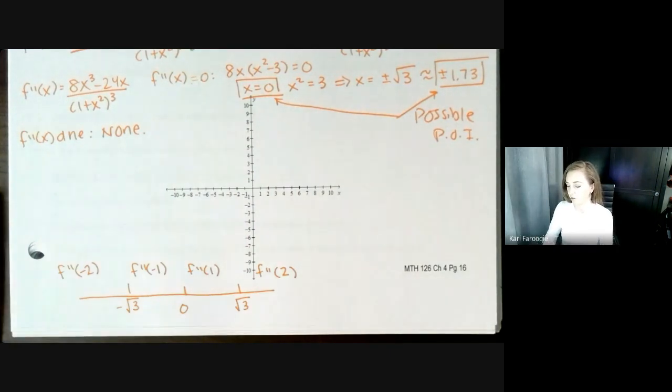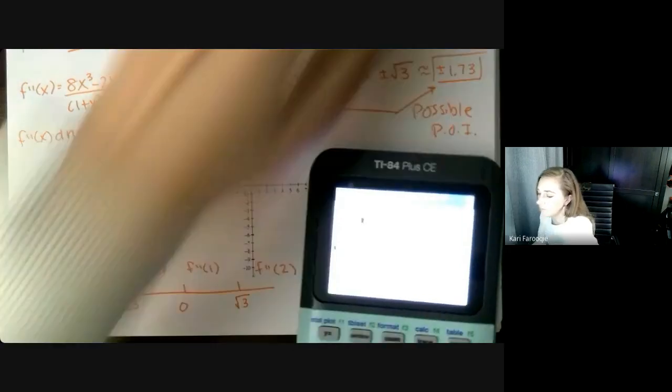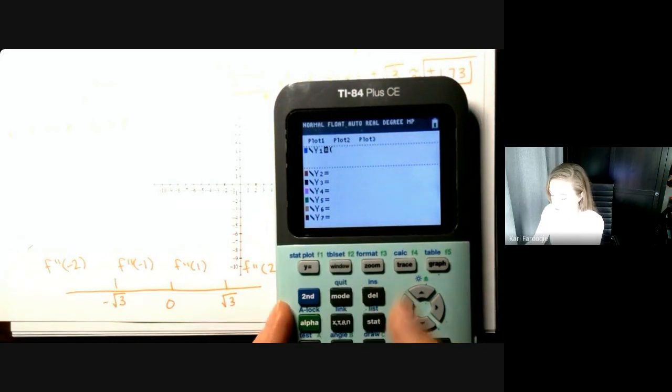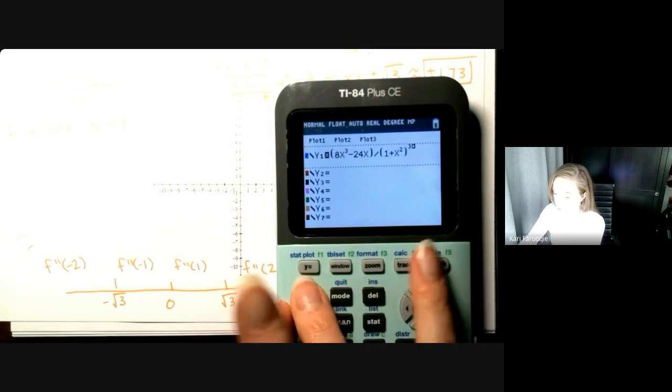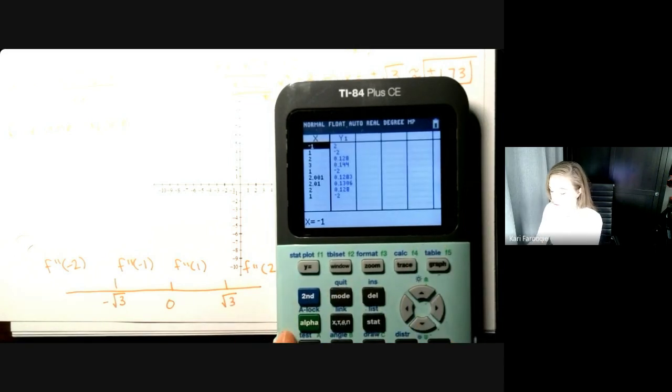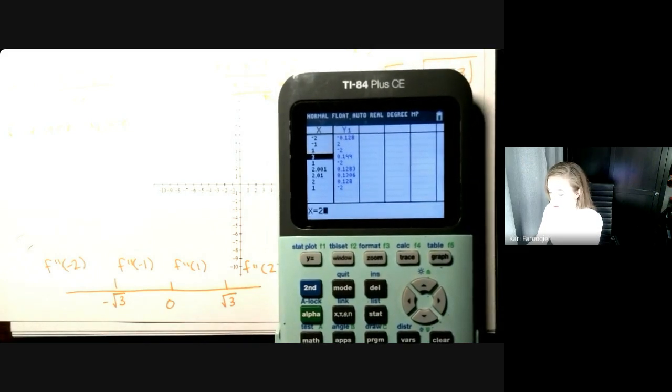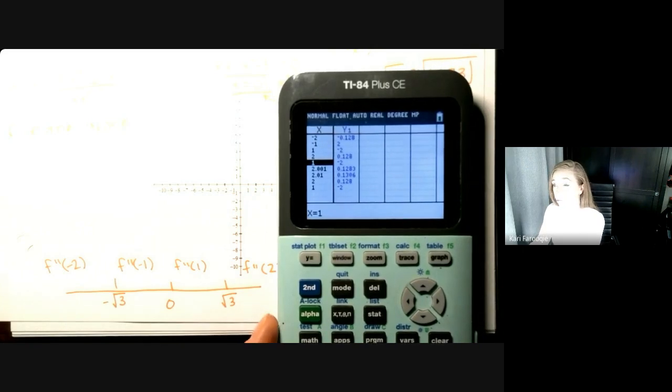Ready for our sign analysis? We got to put the second derivative in. All right. Second derivative is parentheses 8x cubed minus 24x divided by 1 plus x squared quantity cubed. Go to my table now. We'll look at these 4 values, negative 2, negative 1, positive 1, positive 2. Now we can see what's happening with our concavity.